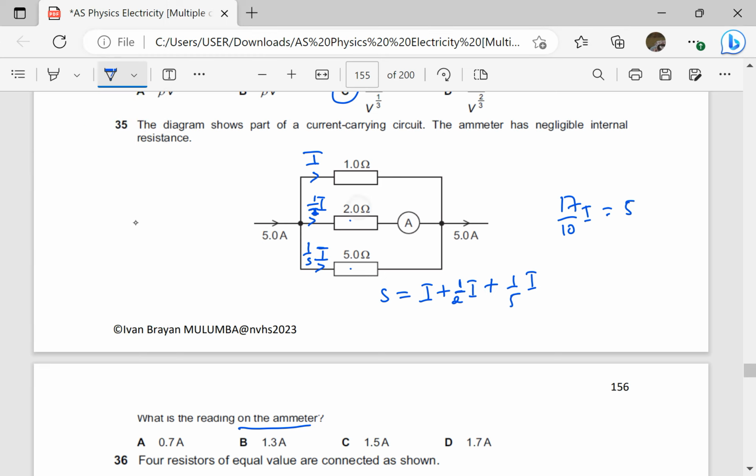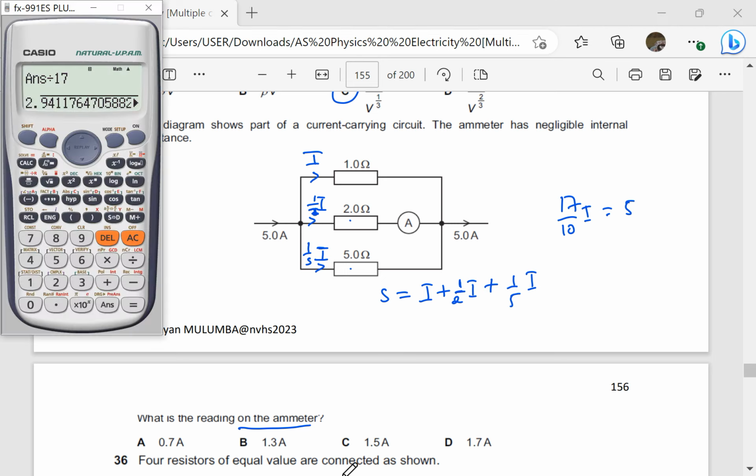If the current here is I, because this is twice, this is a half I. Am I adding this wrongly? 1 plus 0.5 plus 0.2.